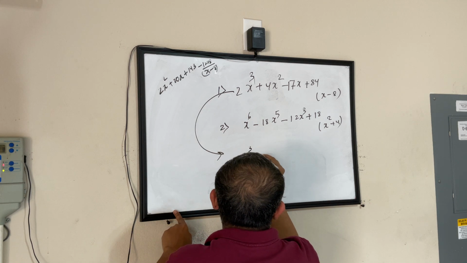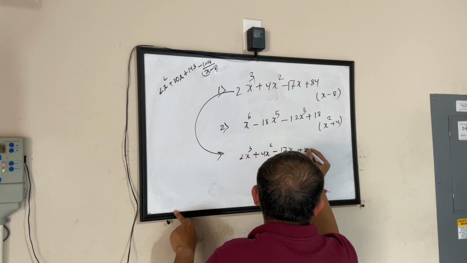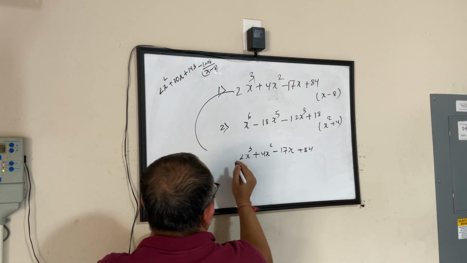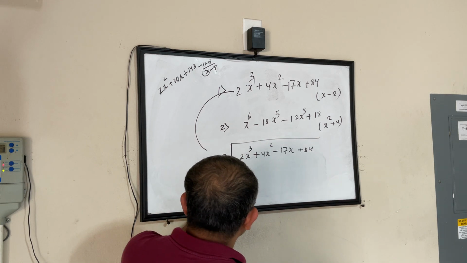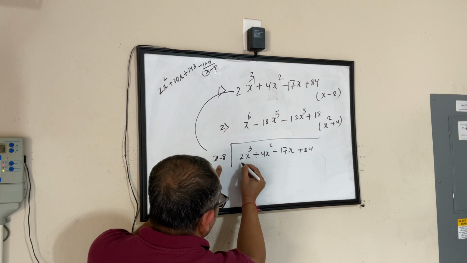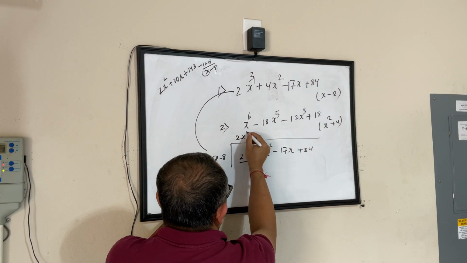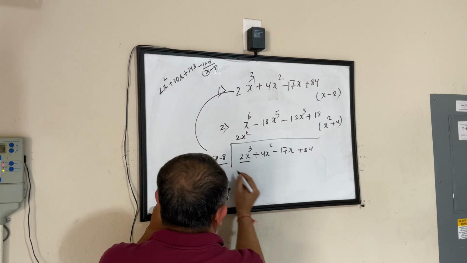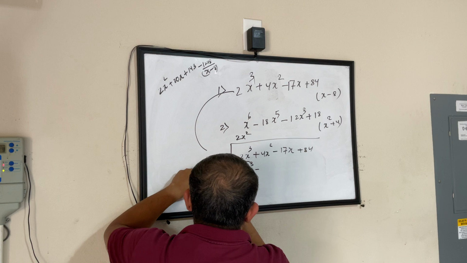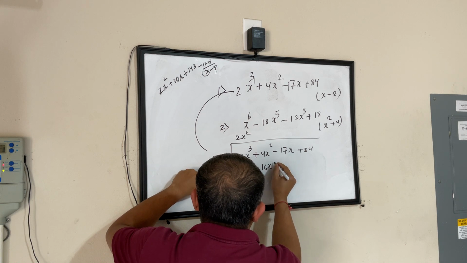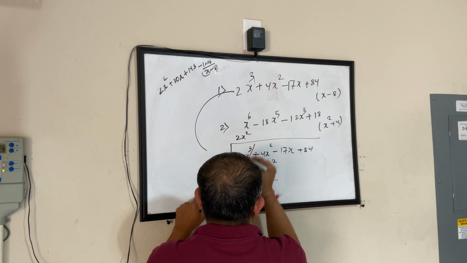2x cubed plus 4x squared minus 17x plus 84, and we are trying to divide that by x minus 8. To get 2x cubed, I have to multiply by 2x squared. That becomes 2x cubed minus 16x squared. This is minus, so it becomes plus, this is gone.